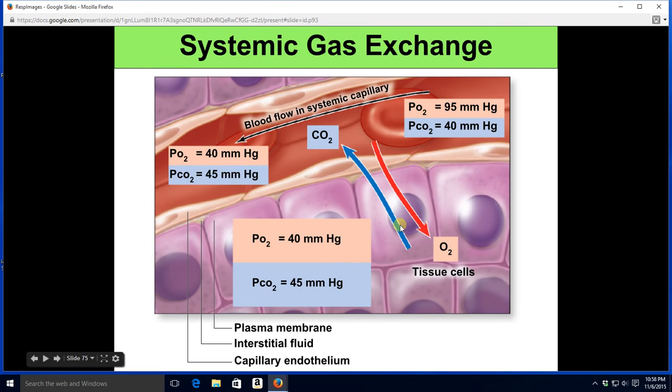Meanwhile, inside the mitochondria, we are making CO2, so our pressure there is about 45, and in the blood, it's about 40, so CO2 diffuses the other way. This is our systemic gas exchange. And in order to be precise in these gas exchanges, both systemic and alveolar, we got to talk about our partial pressures of oxygen and CO2.